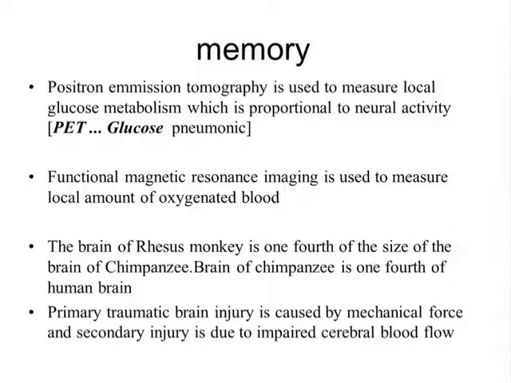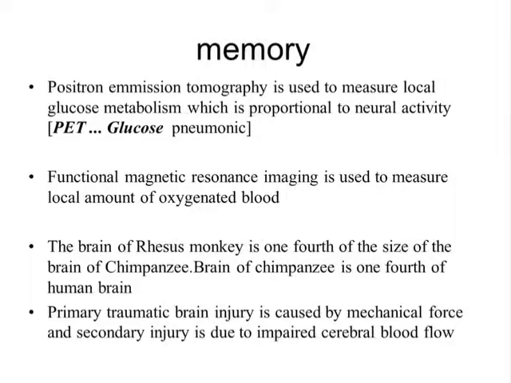Now, our memory, our learning: we are human beings, and ours are not comparable with any other animal, because the highest animal we use in the laboratory is the rhesus monkey. The brain of the rhesus monkey is 1/4 the size of the brain of a chimpanzee. The brain of a chimpanzee is 1/4 of the human brain.